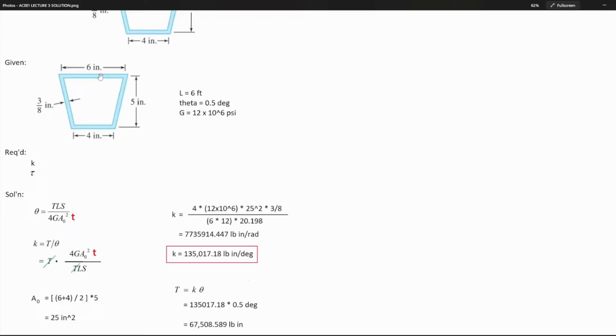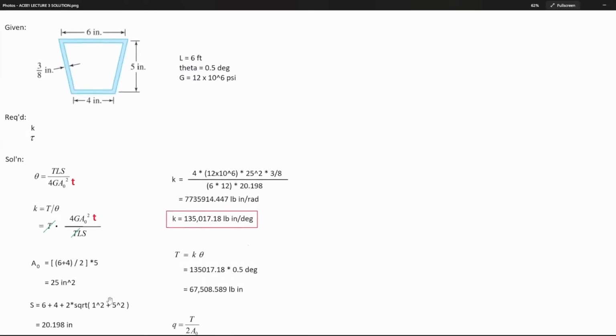To solve for that, it is just base 1 plus base 2 over 2 times the height. So, we have 6 plus 4 divided by 2 times 5. That is the area of our trapezoid. So, you'll have A0 equal to 25 inch squared. Alright?